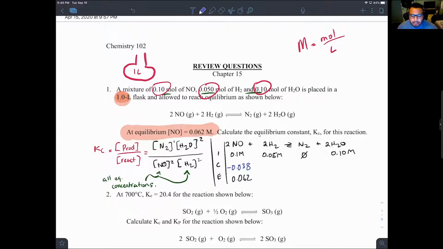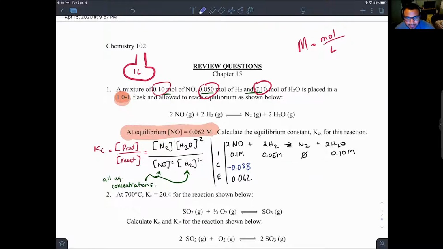Now it's worth noting that the C in ICE table stands for change, and E stands for the equilibrium concentration. And here's the beautiful thing. The fact that I know that this amount changed by 0.038 means that I can solve for the remainder of all of these things.